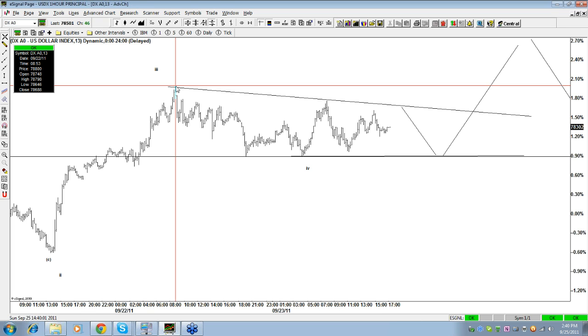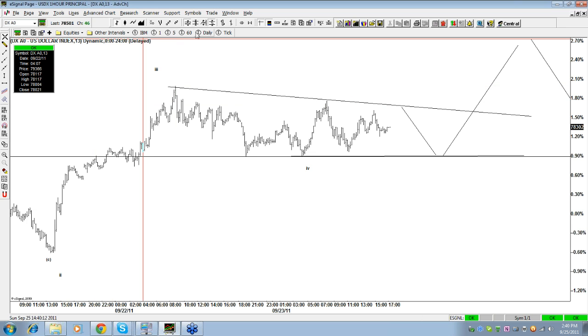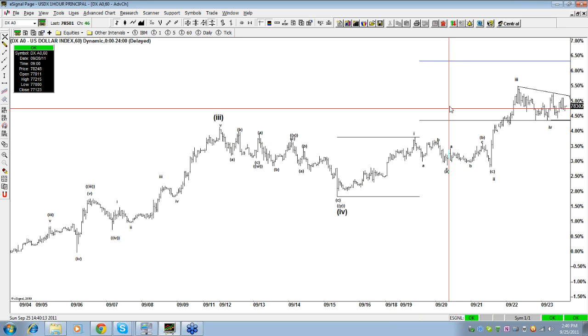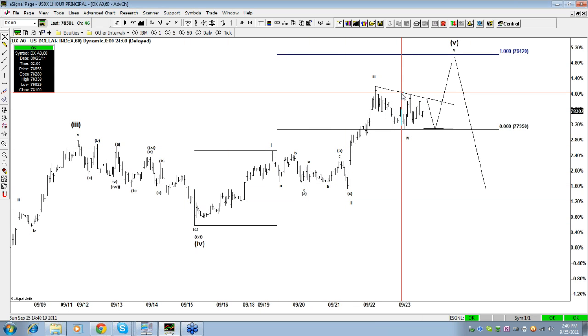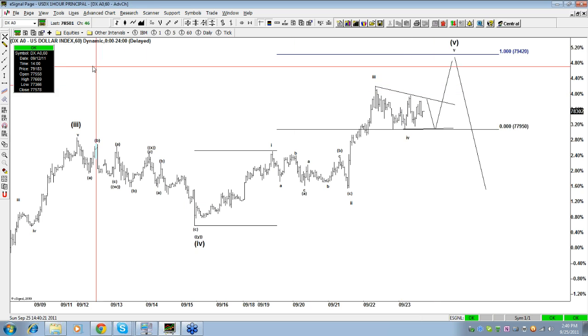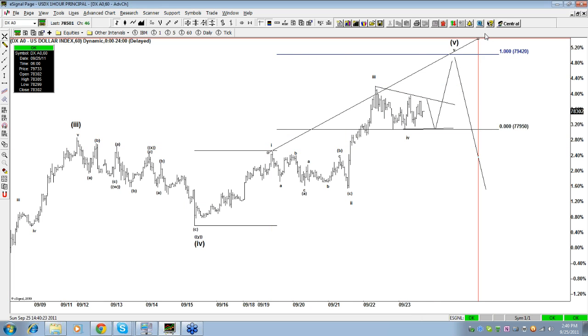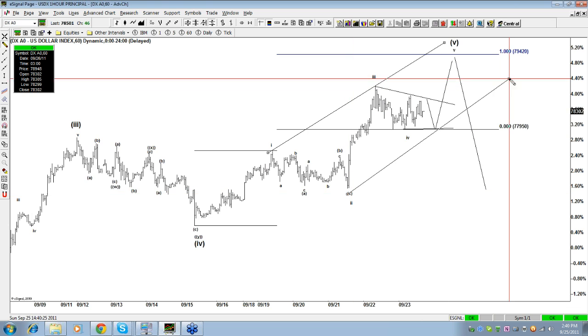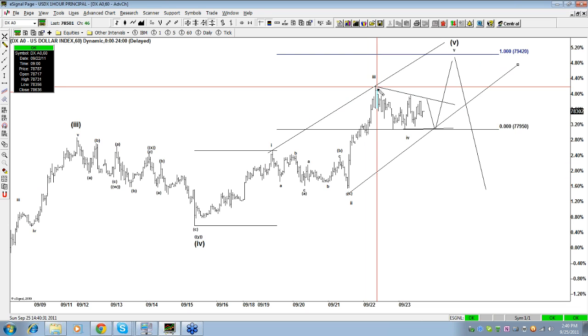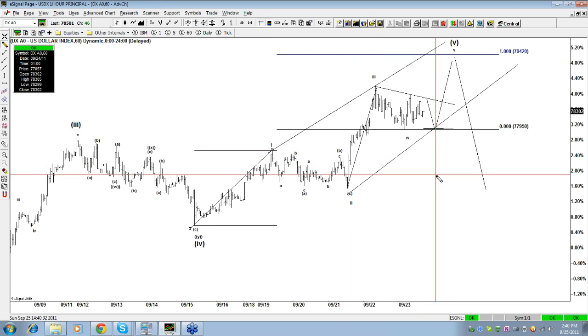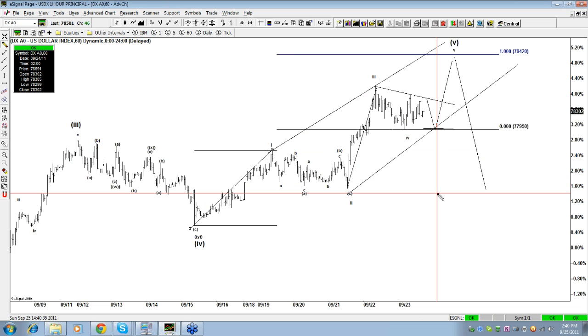Saying that, don't get surprised to see an extended wave 5 on the dollar, given that neither 1 nor 3 extended. Within the wave 5 it can be an ending diagonal type of thing right here, something like that, but it can get a little extended because neither this one nor this one extended in the dollar within the wave 5.